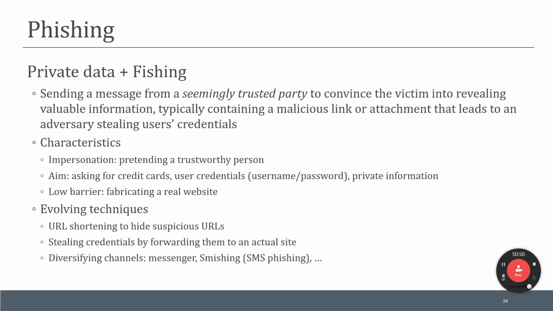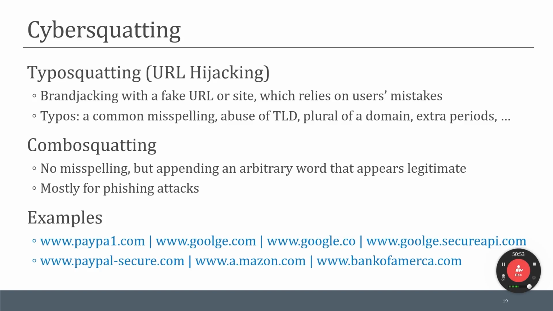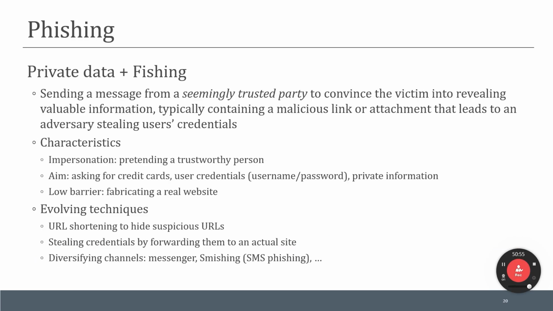Typically it contains a malicious link with a cybersquatting domain name, or an attachment, so that the victim opens the attachment. The main goal of phishing is to steal users' credentials, mostly usernames and passwords. The property of phishing is impersonation, pretending to be a trustworthy person, asking for credit cards, user credentials, or private information.